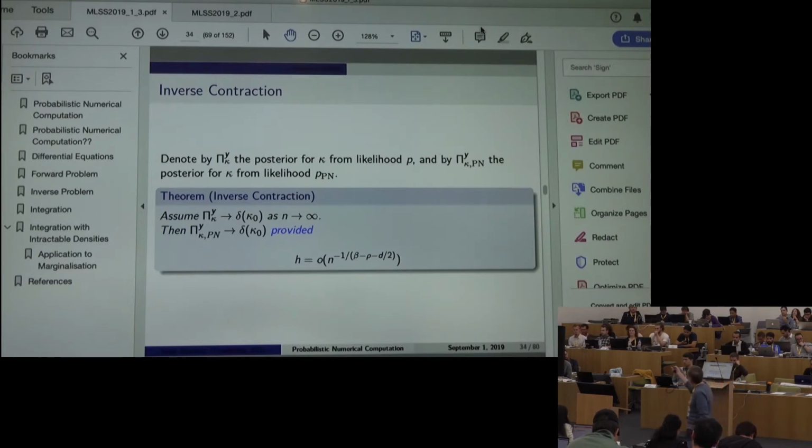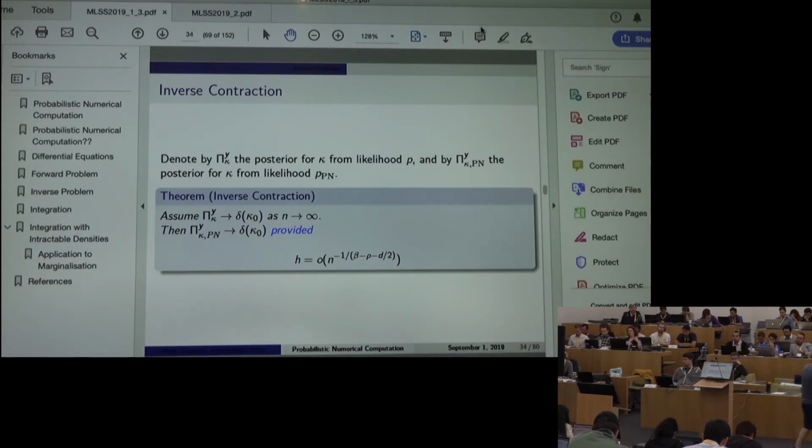And so this result really gives conditions that are required for the numerical method to ensure that the inverse problem will converge consistently to a Dirac on the true generating value.